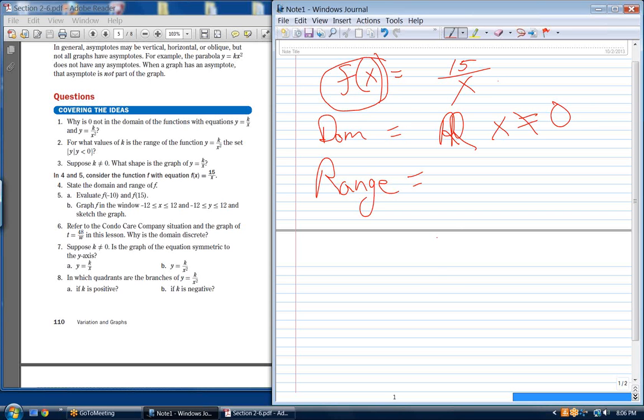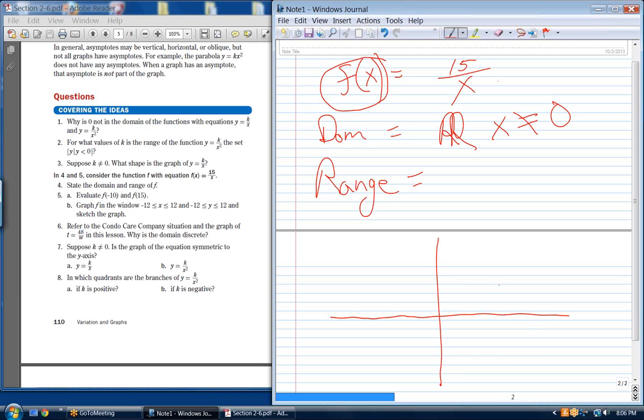If we graph this, maybe it will help, because you can read range and domain right off of a graph. Hyperbolic. So we have a horizontal asymptote at y equals 0, and we have a vertical asymptote at x equals 0.